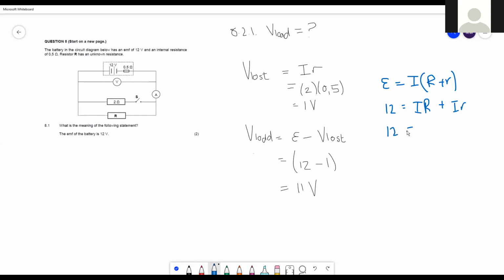So 12 is equal to V load plus 2 times 0.5. So it's 12 equals V load plus 1.